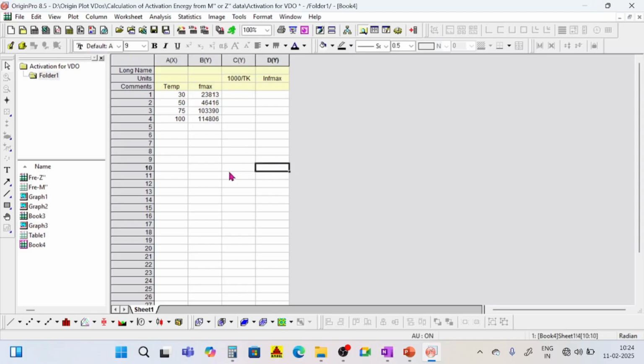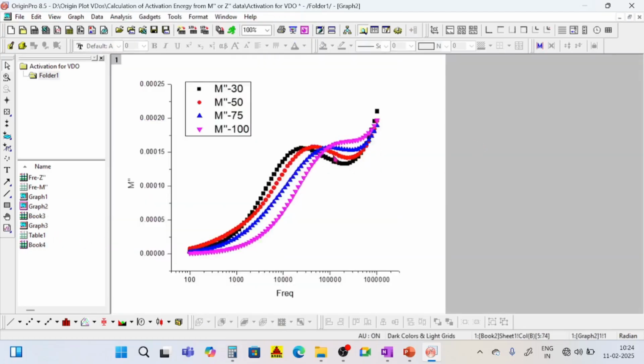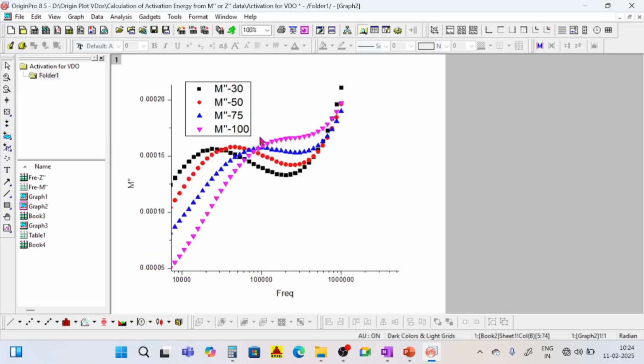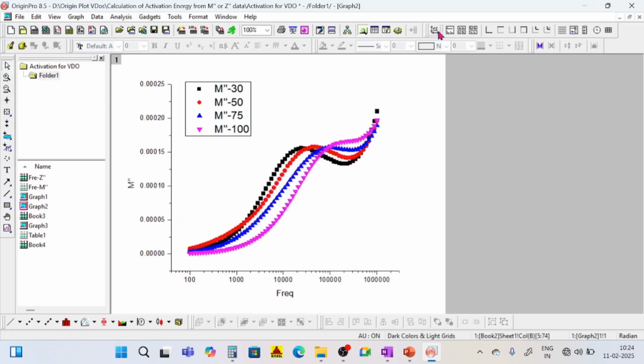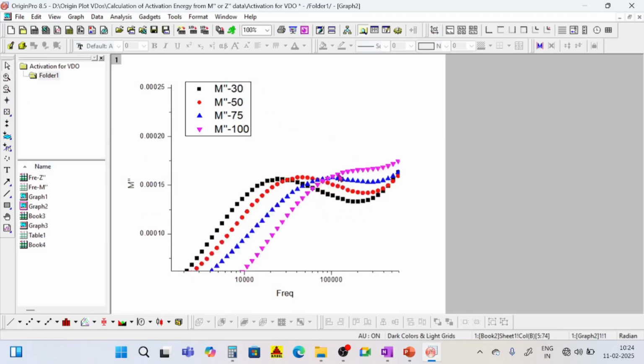Why did I do this? This is the most important point that you have to consider. We are trying to find the corresponding f max of the particular peak. So here the peak is this one. I am going to show you the zoom. After that, some other peak may appear at a higher frequency, we do not know, but with the data we have for 100 degree centigrade, this is the peak.